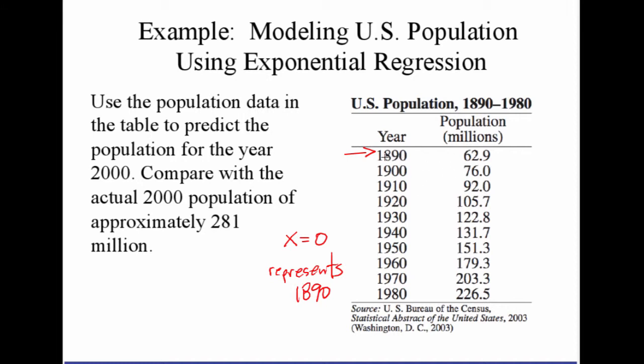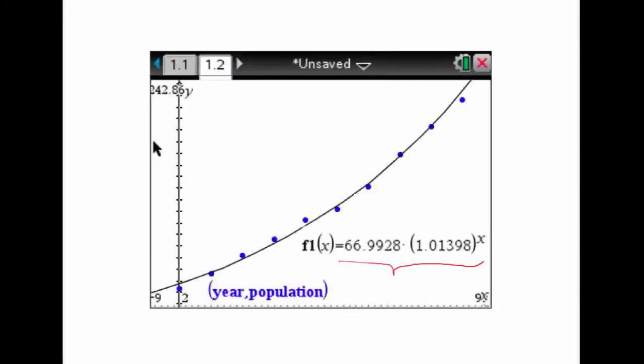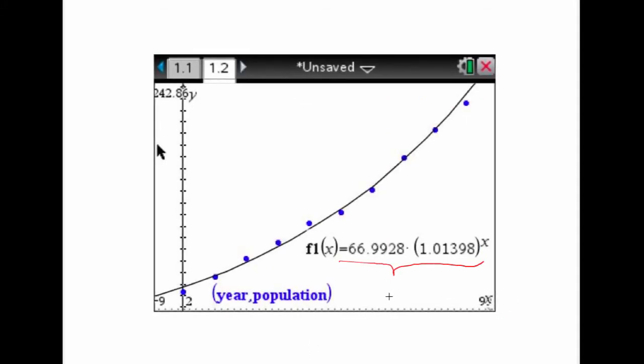Well, if we go by tens here, from 1890, we go up by 10: this is 20, 30, 40, 50, 60, 70, 80, 90. So 1990 could be 100, and 110 would be our x value. So based on our model, we come up with a value of 308 million for a population.